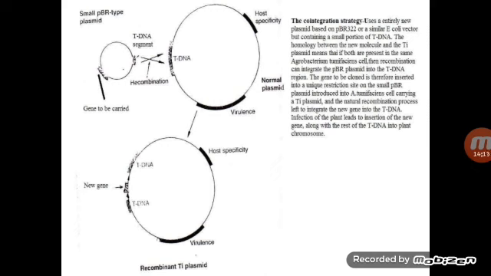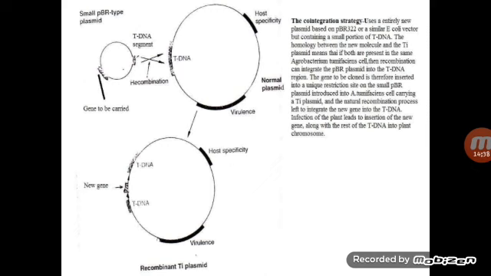This diagram gives an idea of co-integration. There are two vectors, one larger and the other smaller. The larger one is a normal plasmid, and the smaller one is a small pBR-type plasmid.